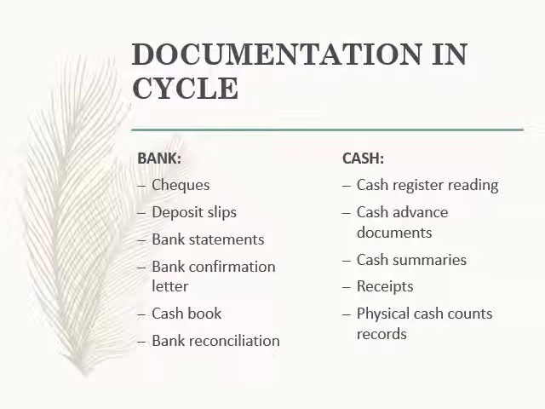Okay, so you could add to that the proof of payment that comes along with the EFT transactions. Okay, for cash, you've got the cash register reading or the cash register roll. Could have some cash advance documents or cash summaries, the receipts, and then the physical cash count documentation as well.